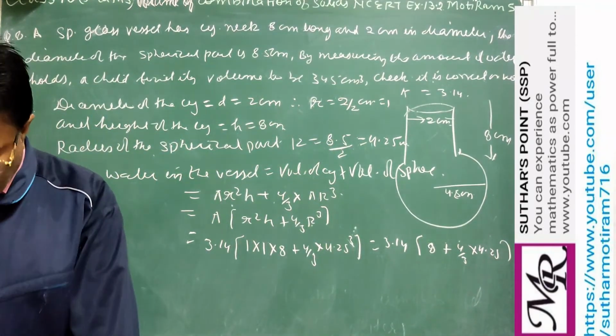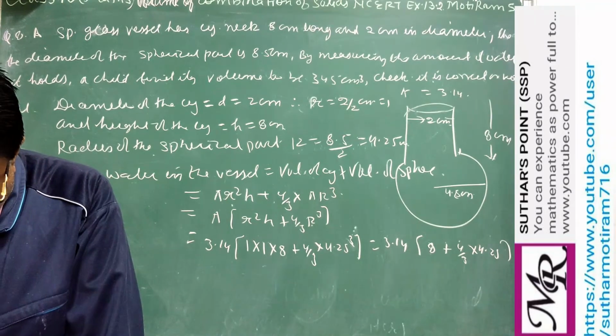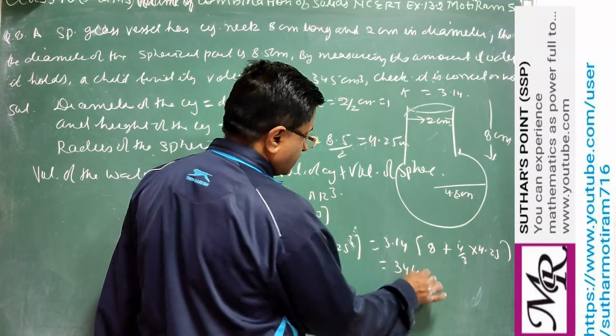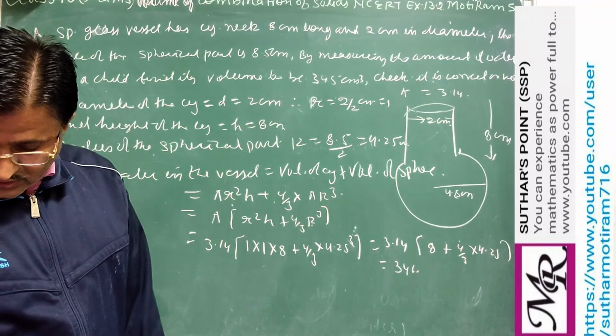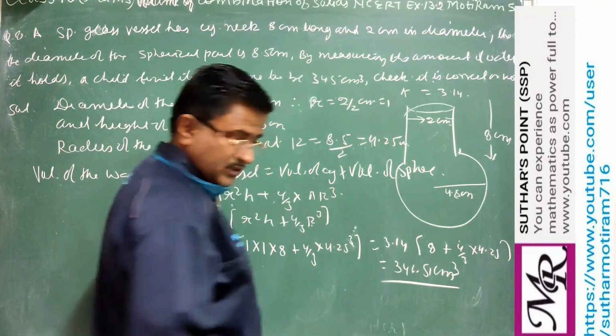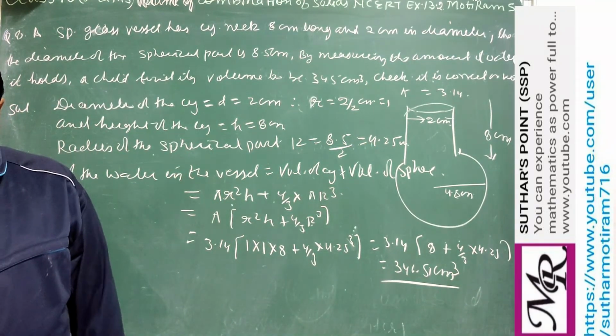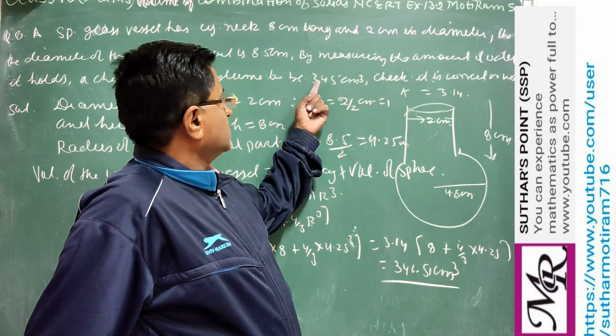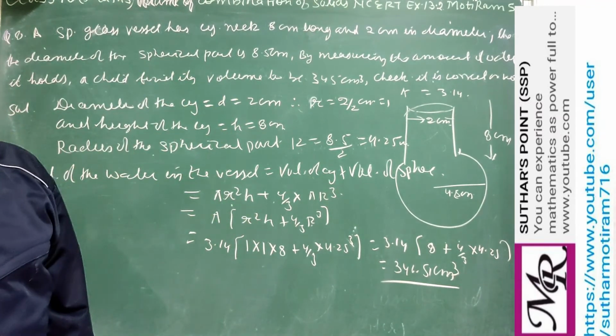You can calculate all this, and that will give you 346.51 cubic centimeter.